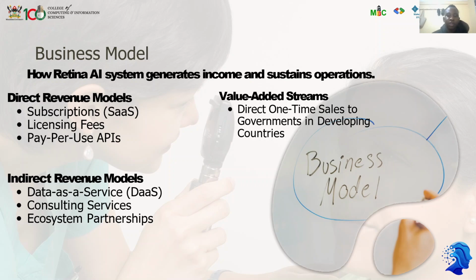You can sell our APIs for use. Then we also have value-added streams like direct one-time sales to governments in developing countries. You can collaborate with other countries, with their governments that may have been affected. For direct revenue models, we have data as a service, consulting services, and ecosystem partnerships.